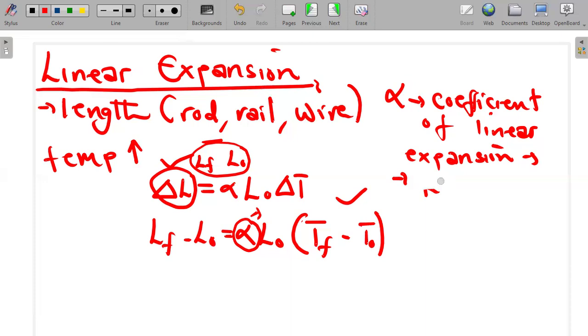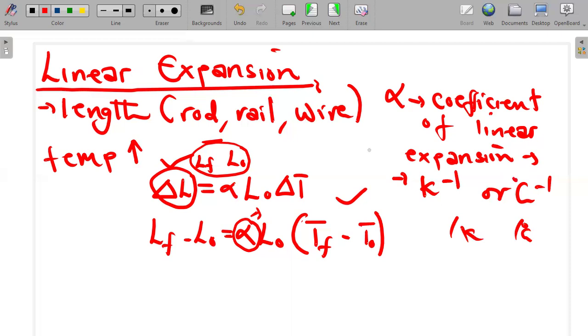We looked at units of measurement, so if I write K to the power minus 1, I expect everyone to know what that means. Or C to the power minus 1, which is basically just over K or over degree Celsius.